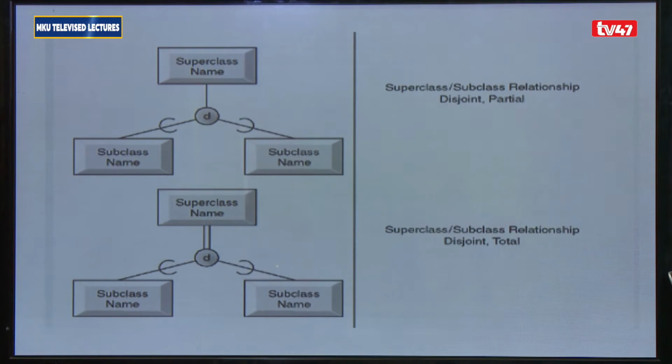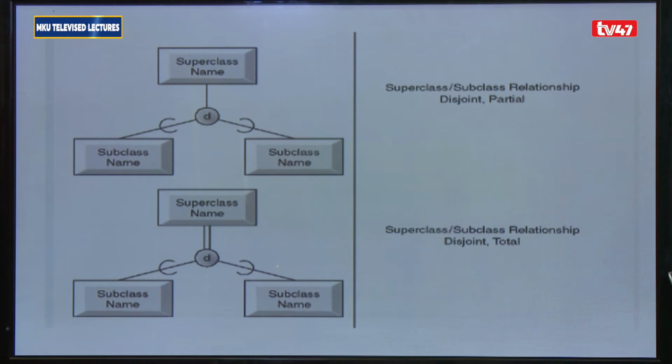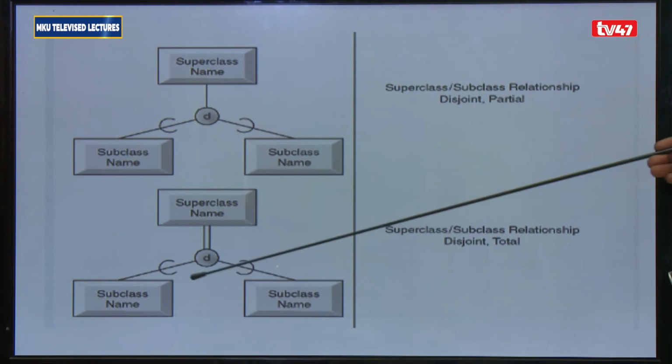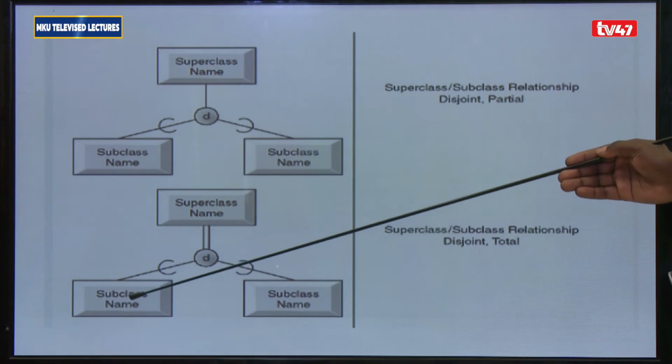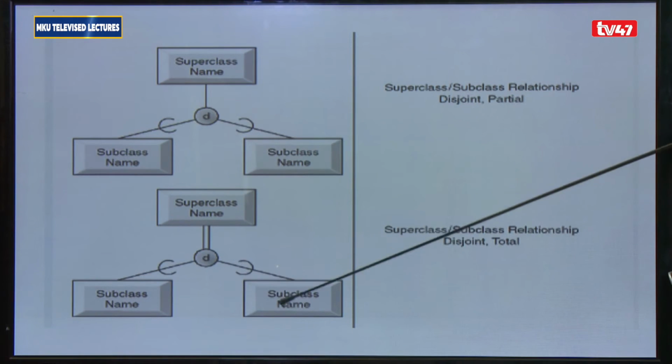This is how we show it on our enhanced entity relationship diagram. Let me start with the total. For the total, we have the double lines here. The superclass is on top. Like in our example, we could have the employee on top. Then we could have the part-time employee, the full-time employee and the hourly employee.